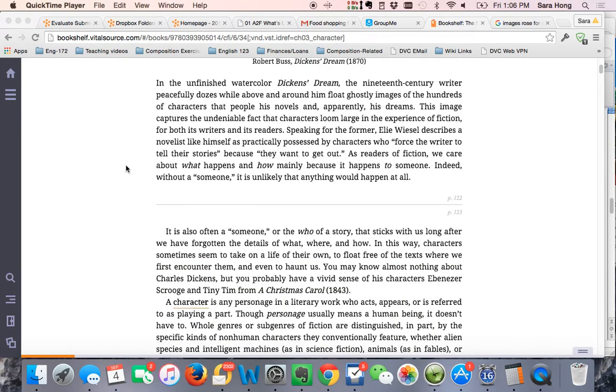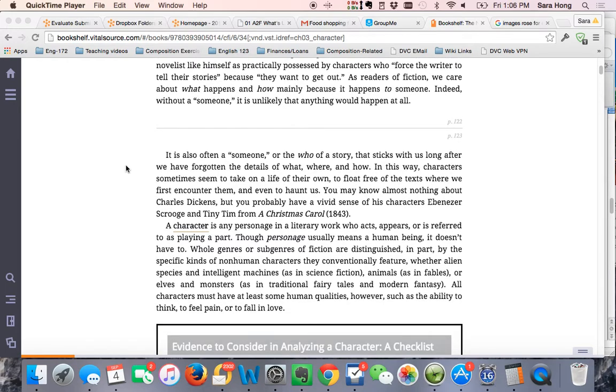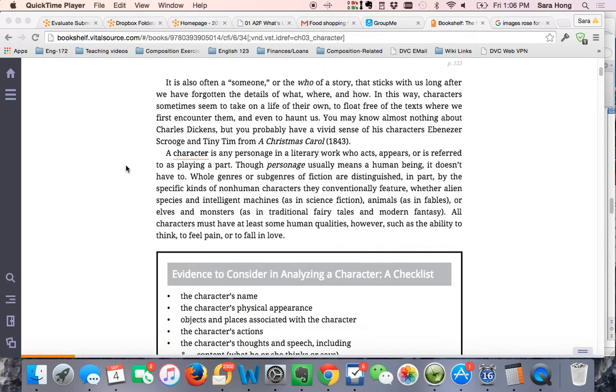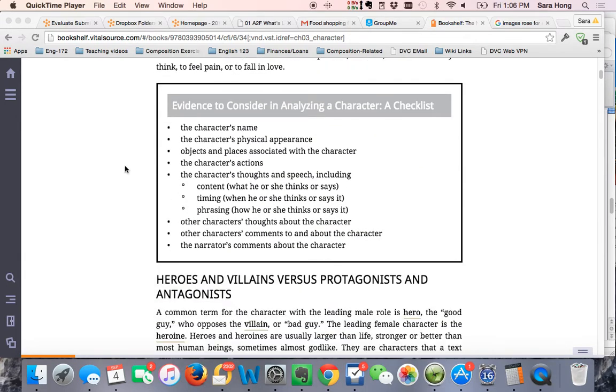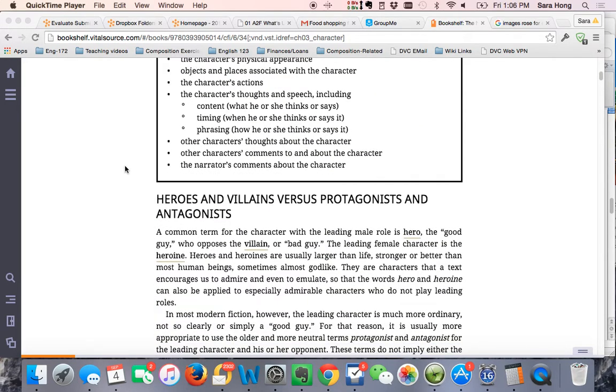The purpose of this lecture and the reading that you're doing is to equip you with some vocabulary with which to analyze characters, such as protagonist and antagonist, an anti-hero, a foil.